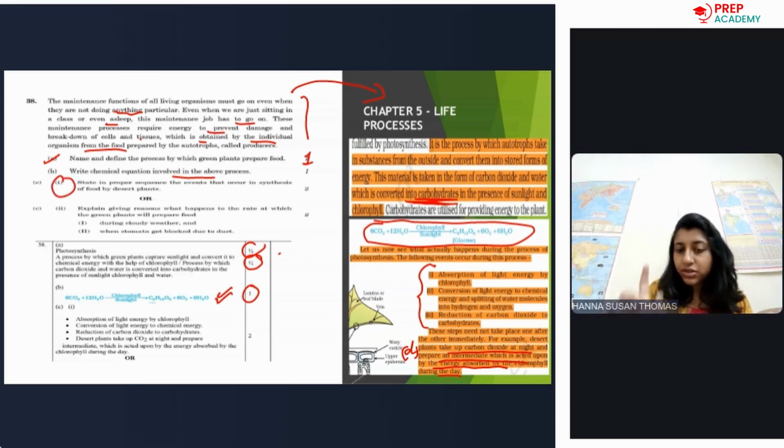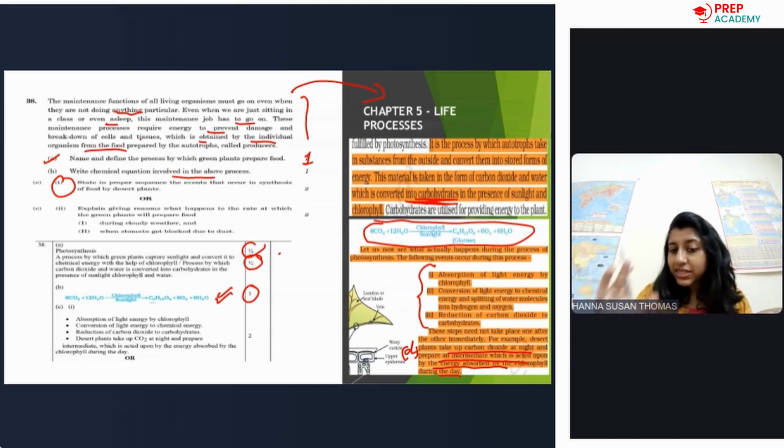C part question. So the first one is, during photosynthesis done by desert plants, absorption of light energy by chlorophyll, conversion of light energy to chemical energy and splitting of water molecules into hydrogen and oxygen, reduction of carbon dioxide to carbohydrates.